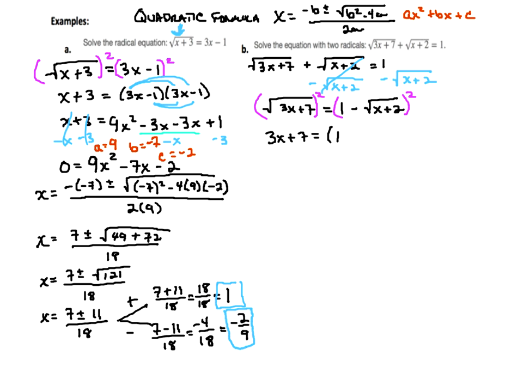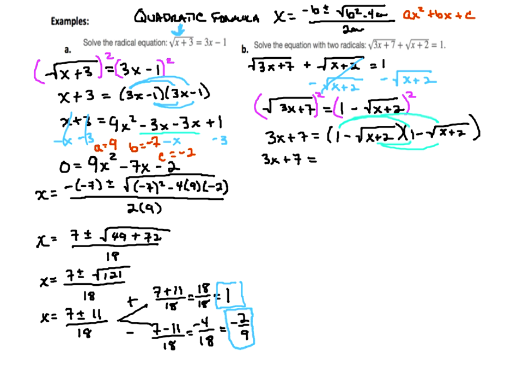However, this right-hand side is 1 minus square root of x plus 2 times 1 minus square root of x plus 2. Not my favorite thing to do on a Thursday night, but we'll make it. 3x plus 7 is equal to, okay, I've got a bunch of distribution to do here. I need to go here, and here, here, and here.